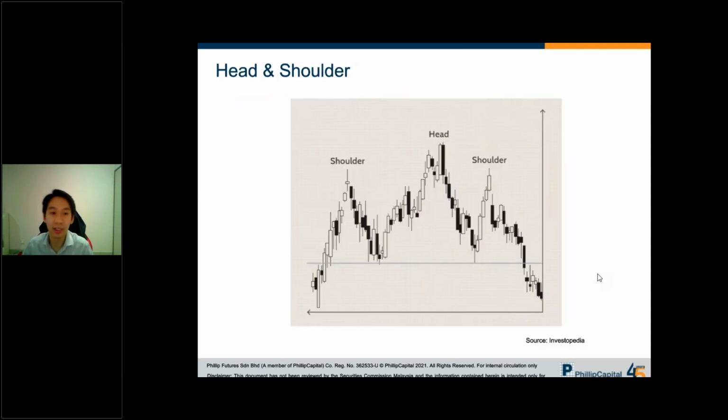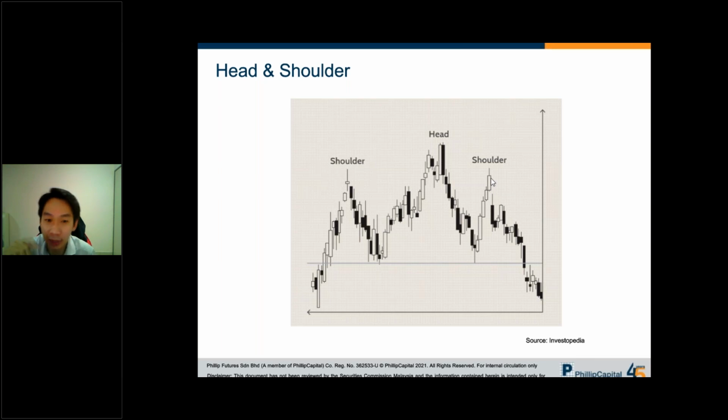Then the next pattern will be head and shoulders. For the head and shoulders pattern, you will see three things. First, you must have a high, then the price reverses, then you have a higher high. Then the next thing, you have your second shoulder, where it's a third high, but this high is lower than the second high.